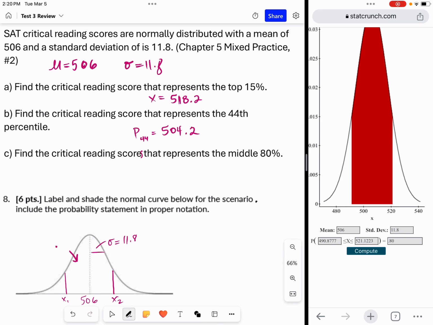Within this area, we're saying that the middle portion is 0.80. And that first number, which will be the ones that you put into StatCrunch, is 490.9. And the second one, 521.1.